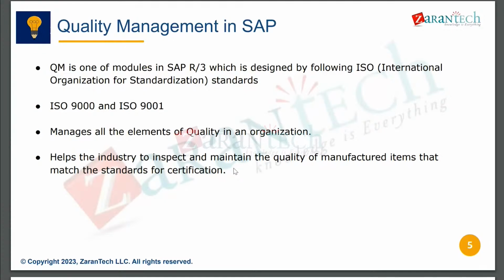So this quality management manages and integrates with all the organizational activities, right from procurement to delivery of the material. It checks whether all the quality standards are as per our industry procedures, whether everything is fulfilled or not.